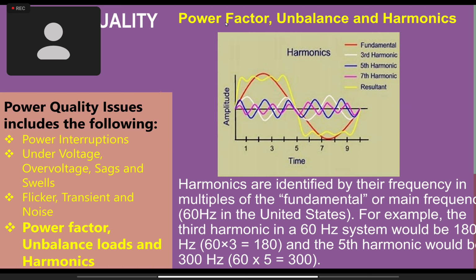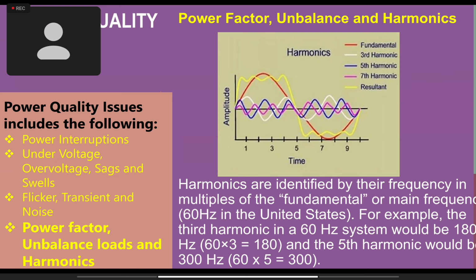So here is an illustration of how harmonics will affect the wave, in this diagram. We have a simple sine wave in red. If there is a third harmonic in white, a multiple of that 60, then you have another waveform down below, which is a multiple of the 60 Hz. That is for noise or disturbance.